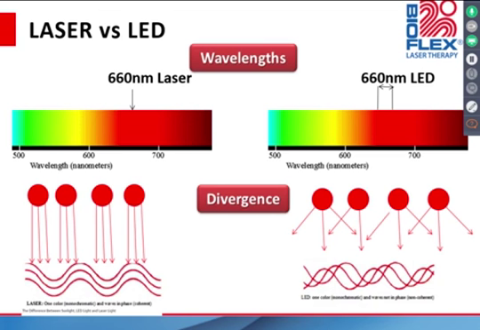So the wavelength could be perhaps 650 or 670, with the vast majority or average wavelength being 660 nanometers. And the light coming out of LEDs, again, is monochromatic. However, they're not in phase, so in other words, non-coherent light. Okay, so coherent light, laser diode; non-coherent light, LED.